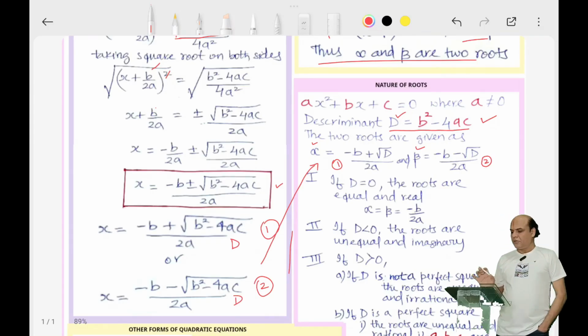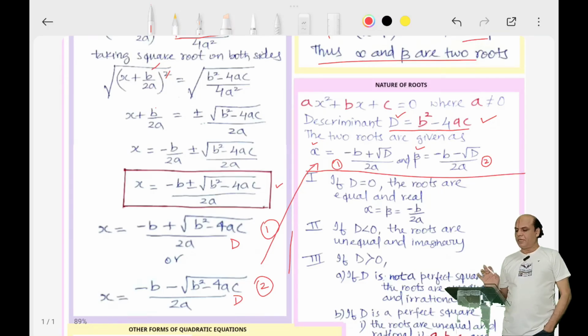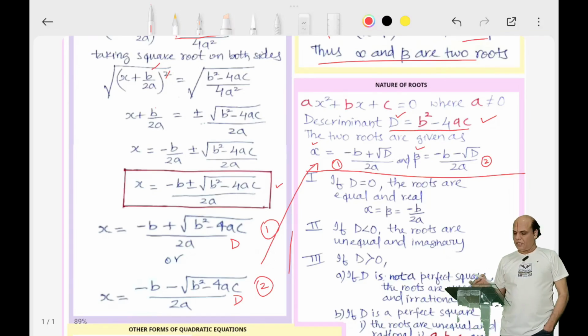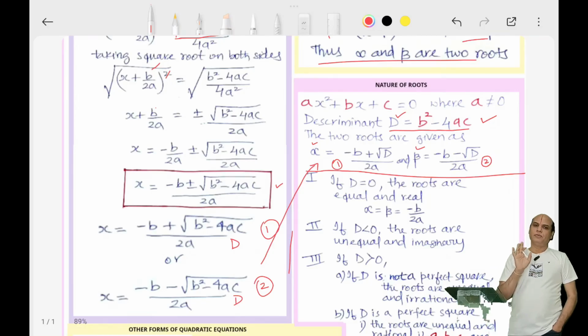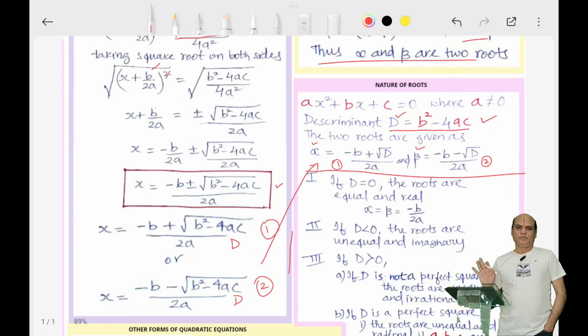Okay, so even before we actually find out the actual roots alpha and beta, we can in fact comment on the nature of the roots looking at the value of D. Okay, so first is, if D is equal to 0, if the discriminant is equal to 0, straight away we can say the two roots are equal and the two roots are real.